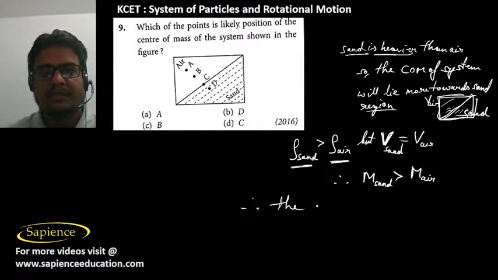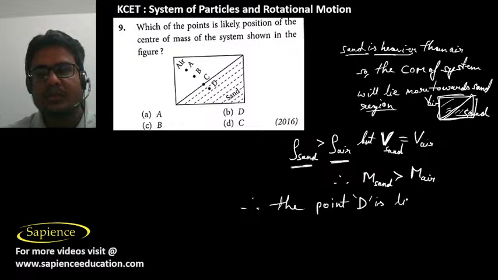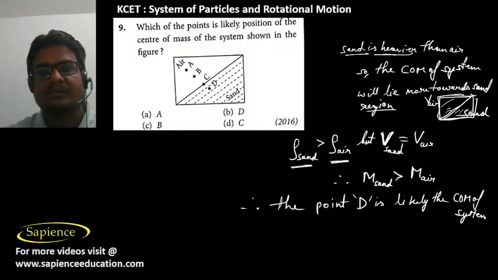It means that the point D is likely the center of mass of the system. It means that option B is the correct answer.